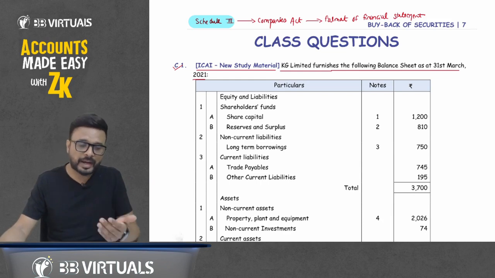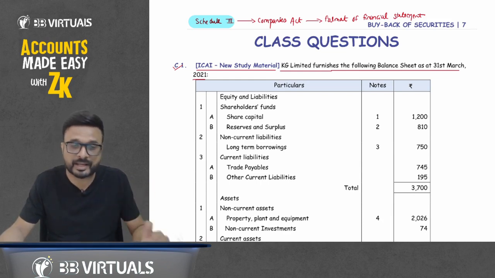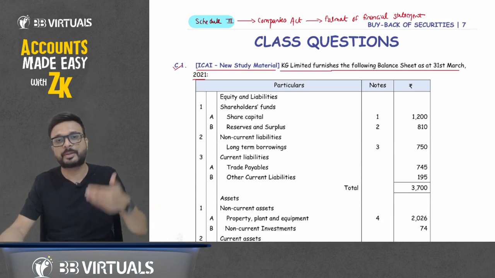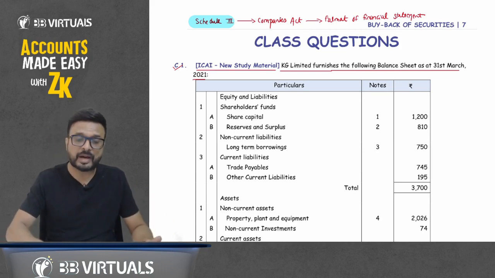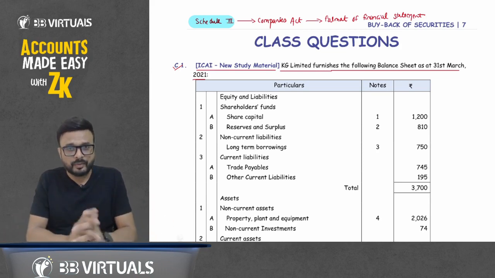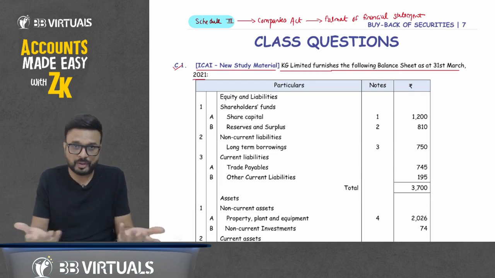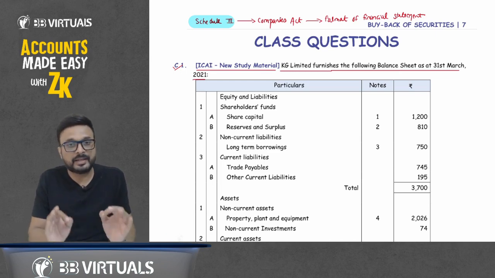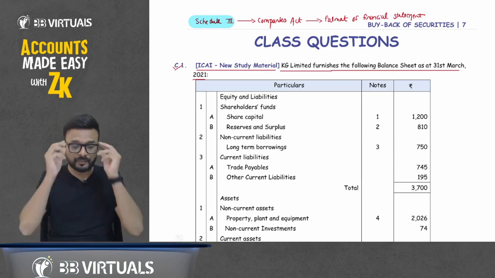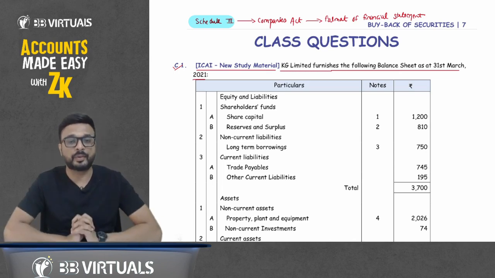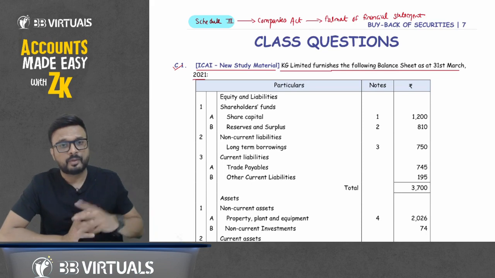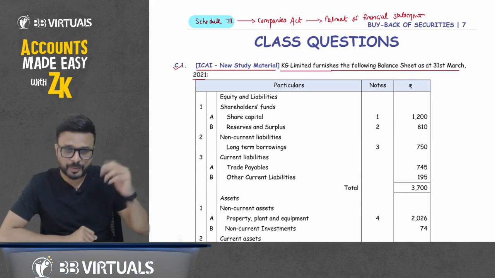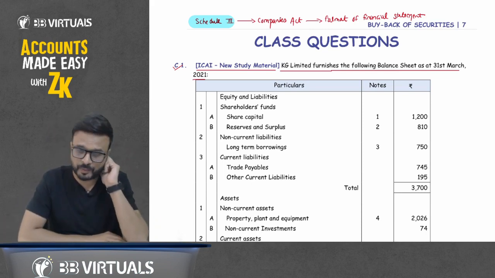At your foundation level or graduation level, you have prepared financial statements, but those were of a proprietorship firm or partnership firm.